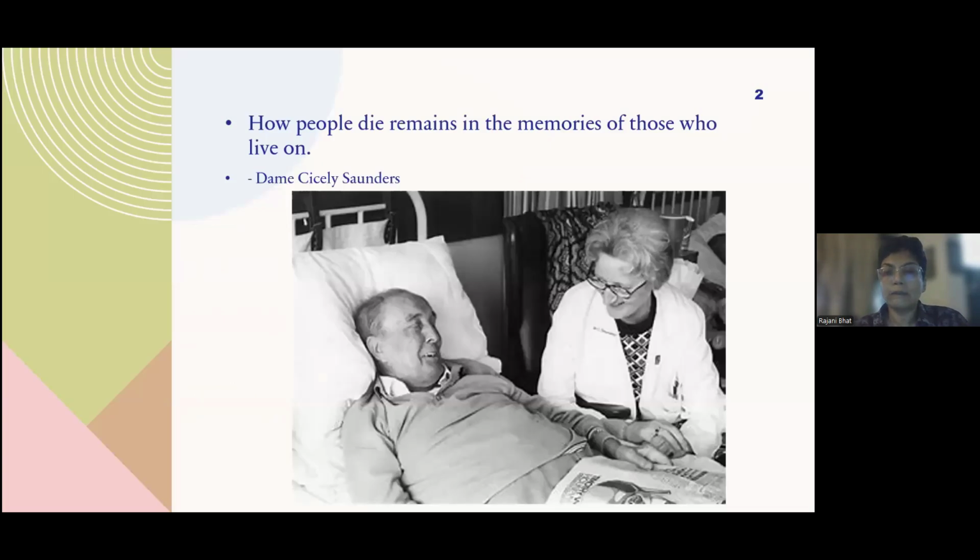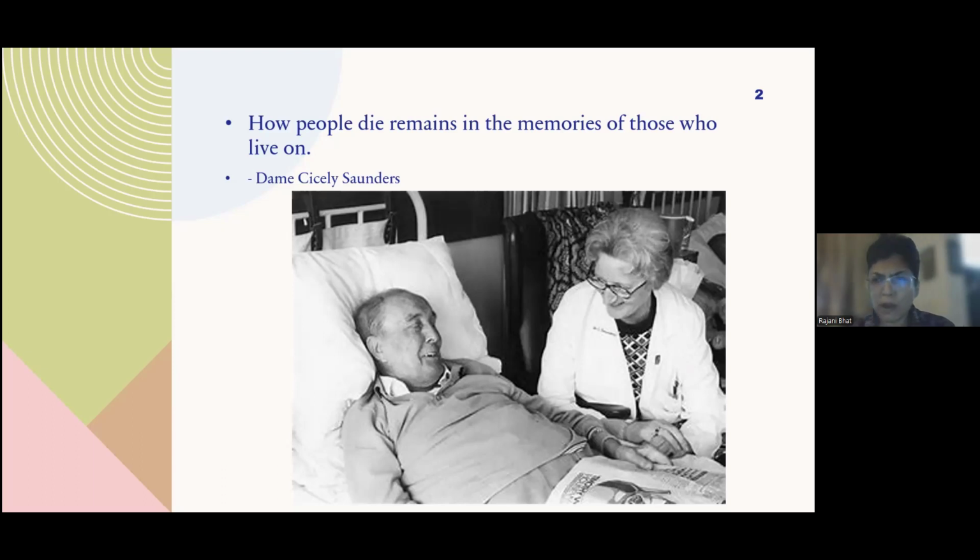So it's a very important part of our interactions with our patients and their caregivers. Dame Cicely Saunders, who you all know now, is the person who came up with all the guiding philosophies through her years of work as a nurse, as a doctor, and as a researcher.